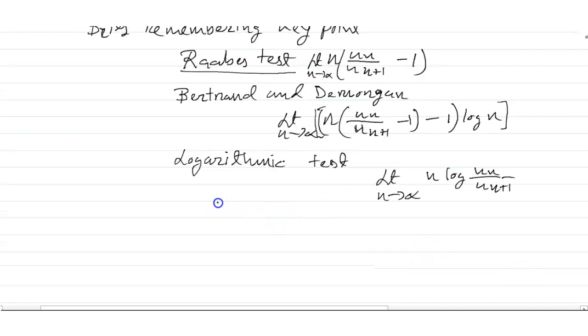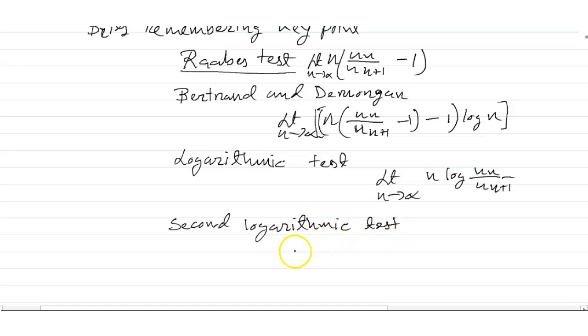And the second logarithmic test, or Bertrand test, is limit n tends to infinity of n into (log of un divided by un plus 1, the first logarithmic test, minus 1) into log n.